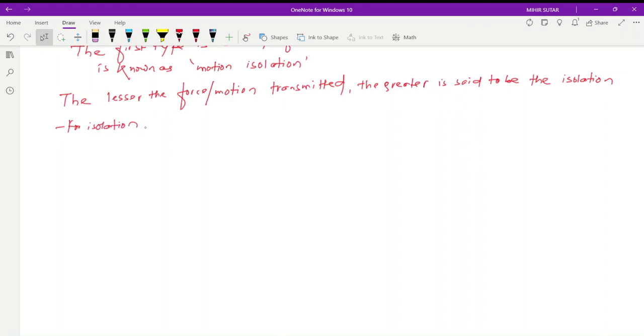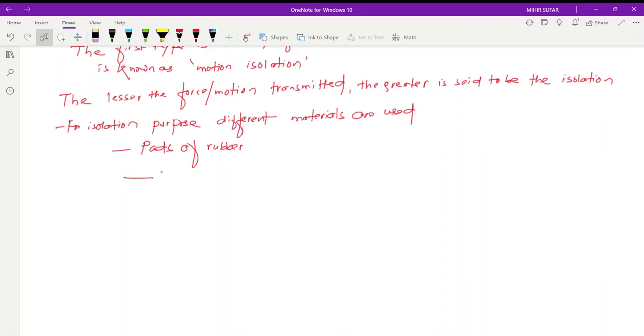For isolation purpose, different materials are used. What are they? First is pads of rubber, generally used at the base of machine structures.